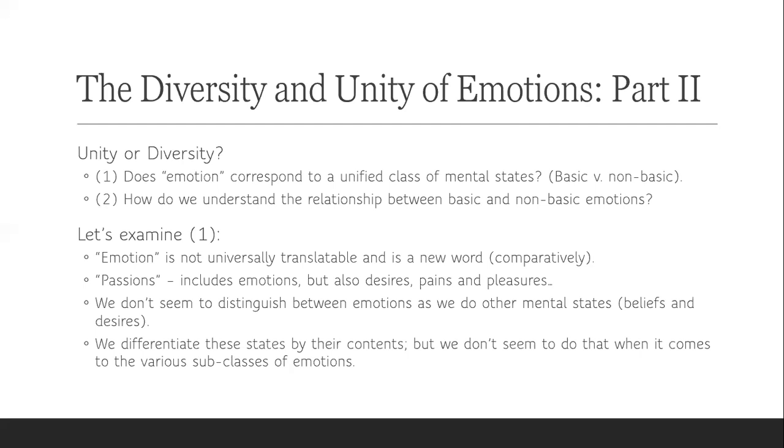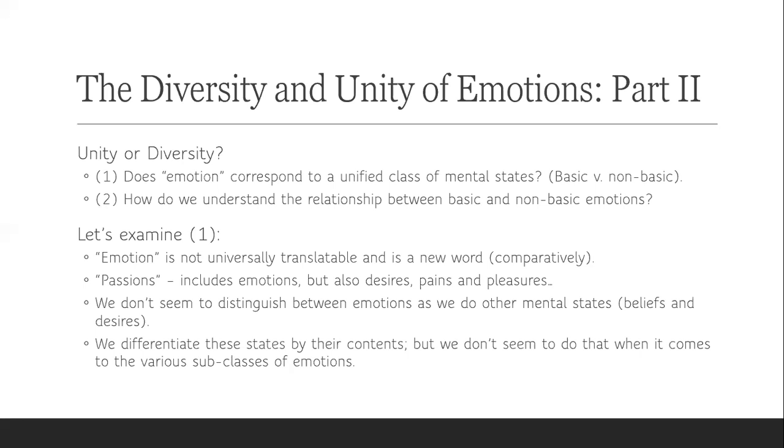Desire, I would say, is a propositional attitude. It's an attitude that I take towards a proposition, right? Josh desires that he has pizza for dinner. It's pretty propositional. Same with beliefs, but we don't do this with emotions. We don't distinguish emotions this way.